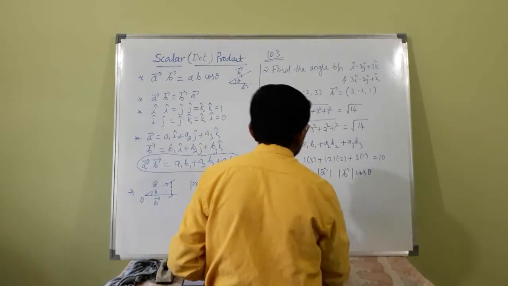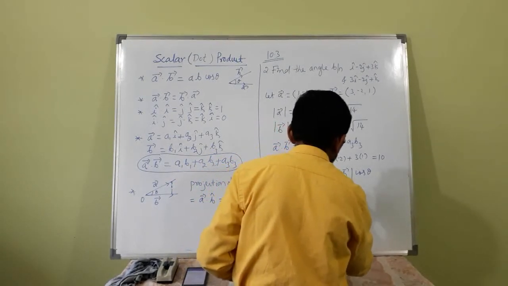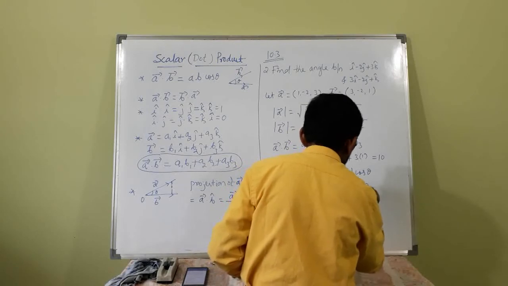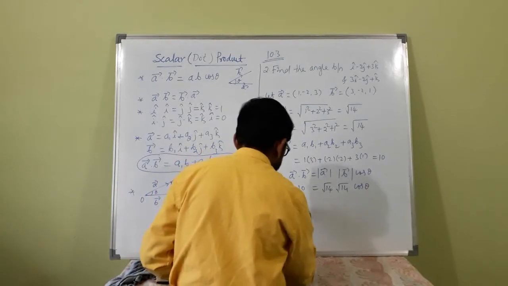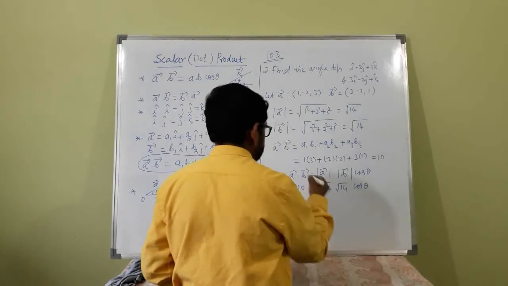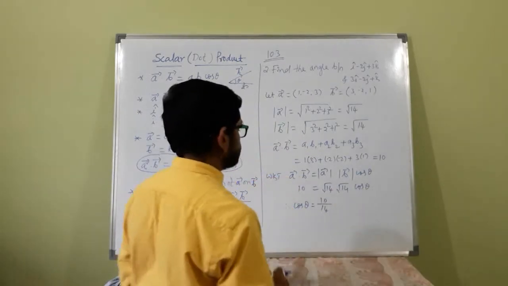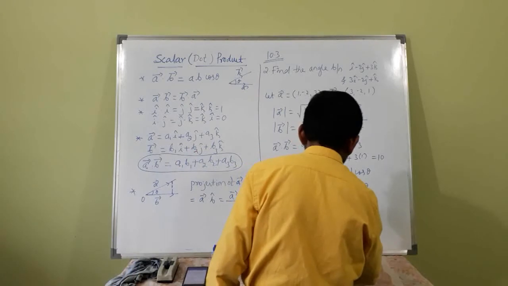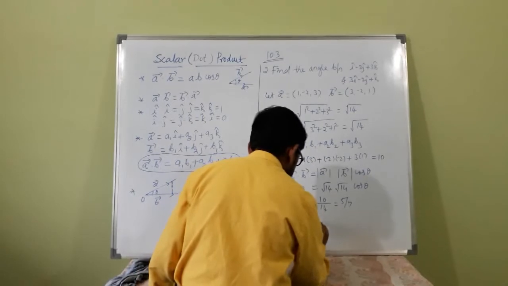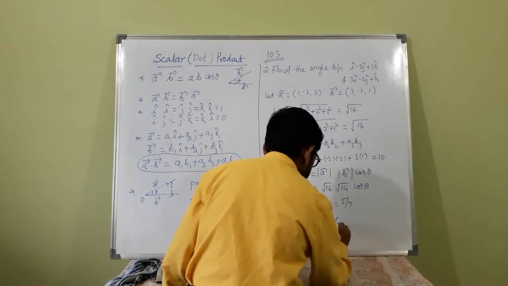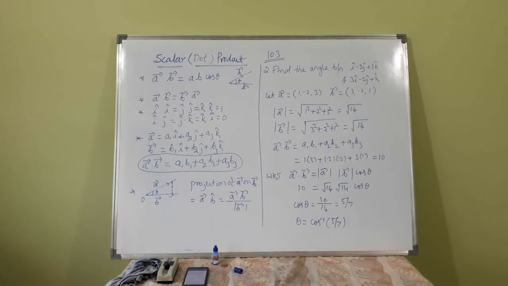So this is root 14 into root 14 into cos theta, and here it is 10. Therefore cos theta is equal to 10 by 14, since root 14 into root 14 is 14. So this can be 5 by 7. Our angle is asked, so it is cos inverse of 5 by 7. This is the answer.